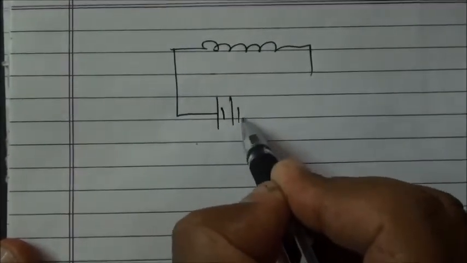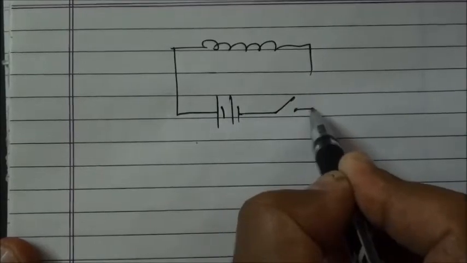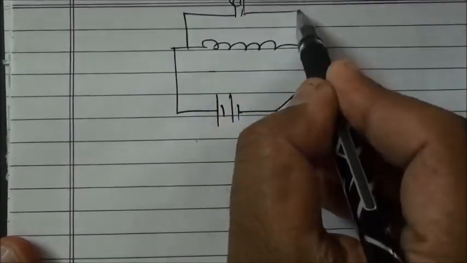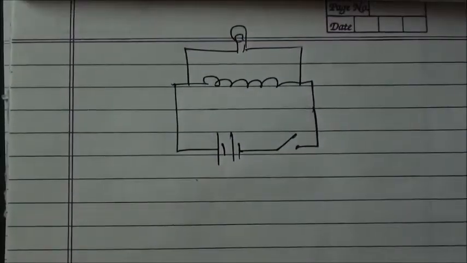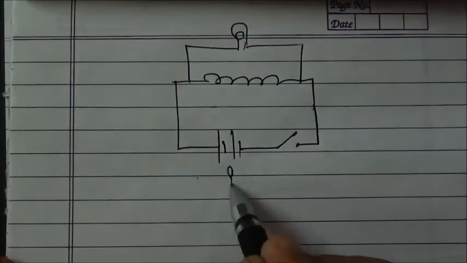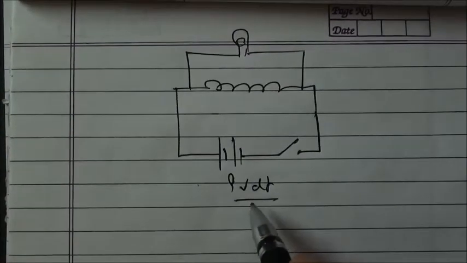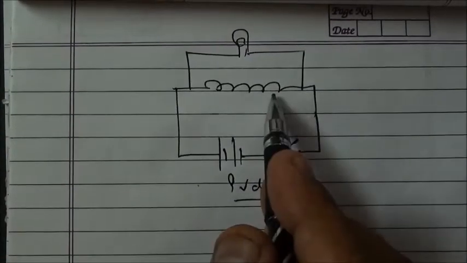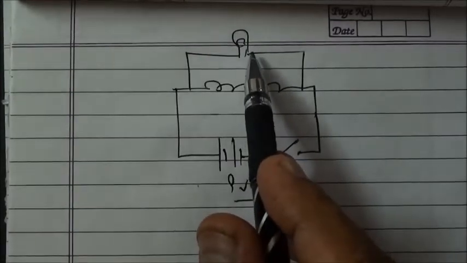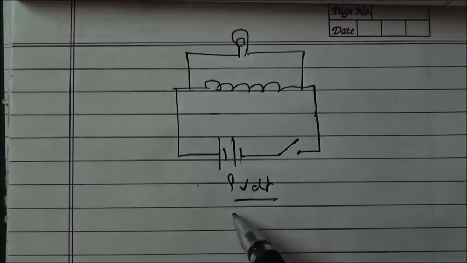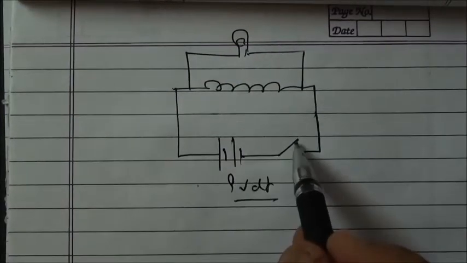Now see, if I take a coil connected to a battery and a key, and let me connect a neon bulb here, and a battery maybe 9 volt. I'm showing you an activity in which this battery is 9 volt, then there is a coil and a neon bulb which can be lighted with much higher voltage than 9 volt. So what will happen when I switch it on?